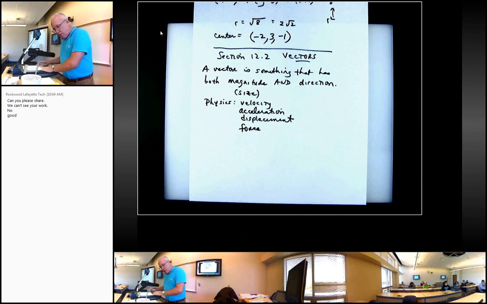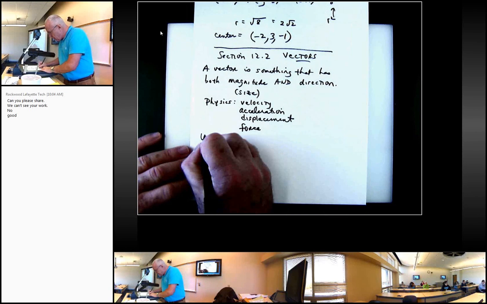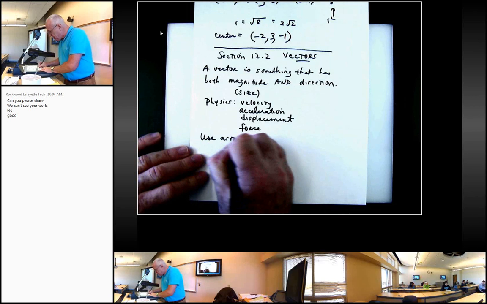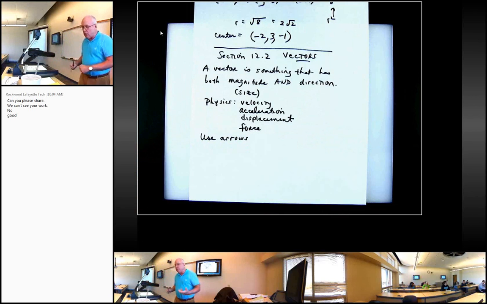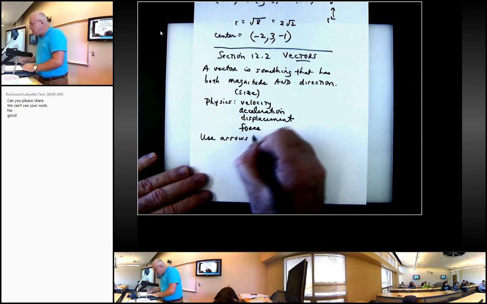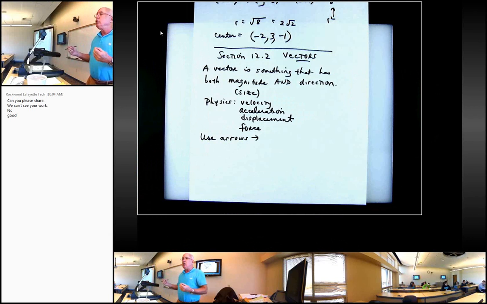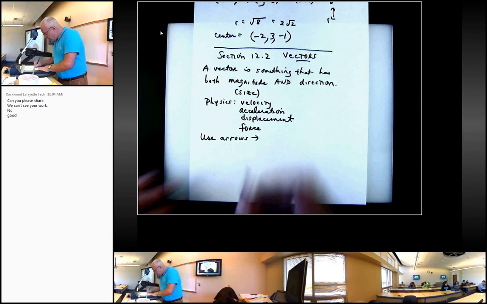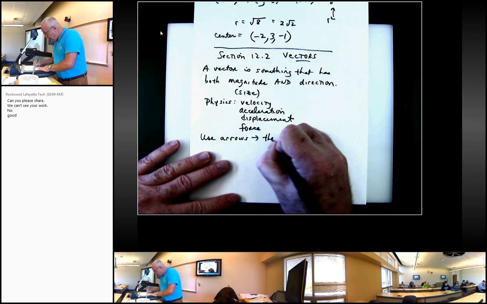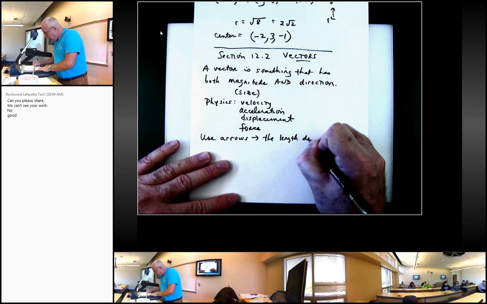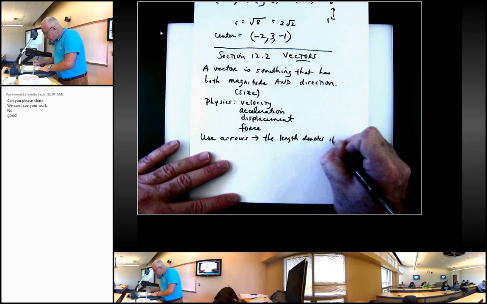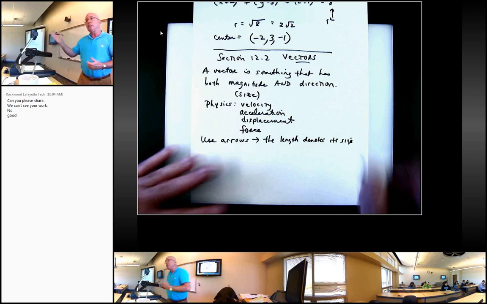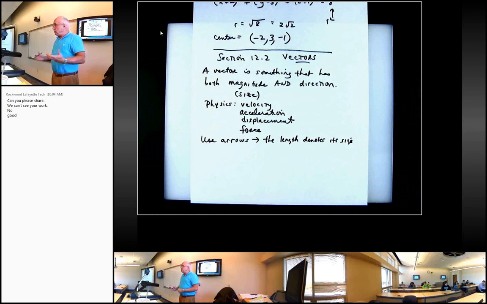There are a couple different ways that we can denote vectors, but one way is using arrows. Basically, the length of the arrow denotes the size of the vector. The length denotes its size, and the direction that the arrow is pointed denotes its direction.